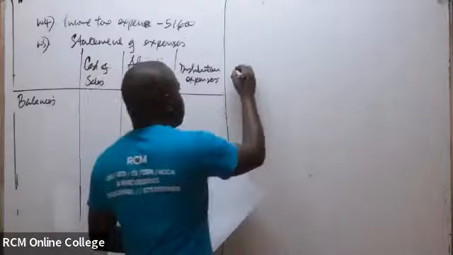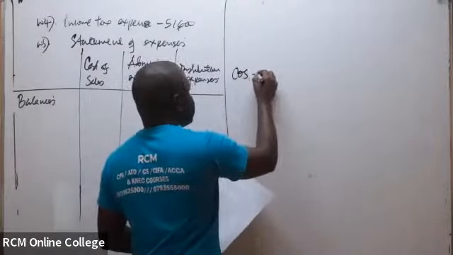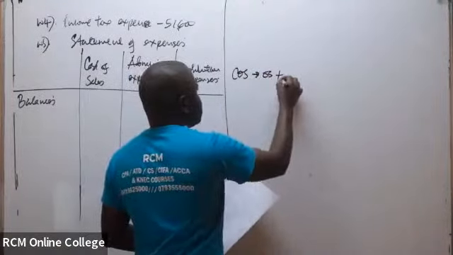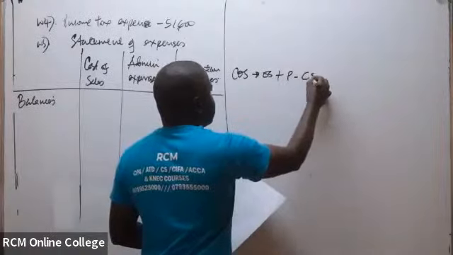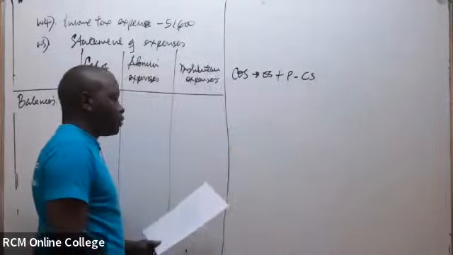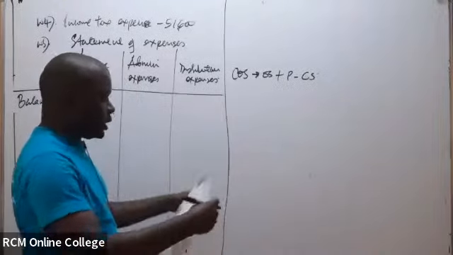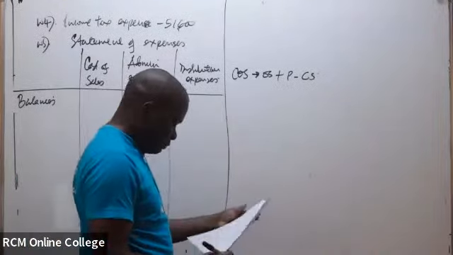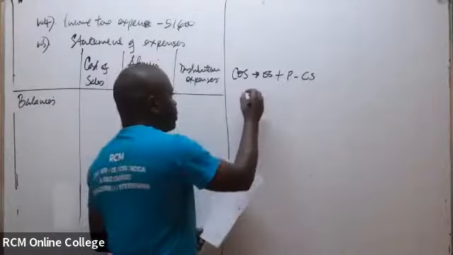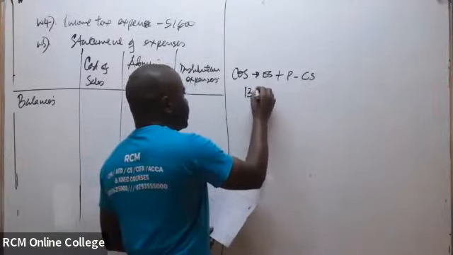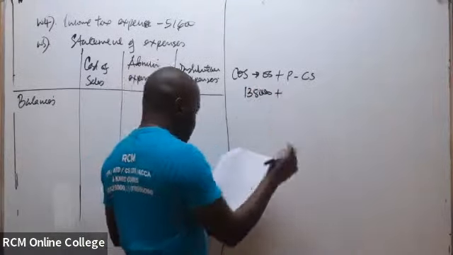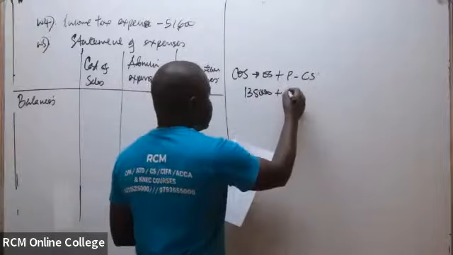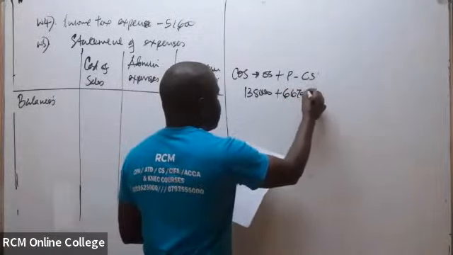So for the cost of sales, we will have the opening stock plus purchases minus the closing stock. The opening inventory is what you can see in the trial balance. It is an amount of 138,000. You add the purchases, which is 667,000.